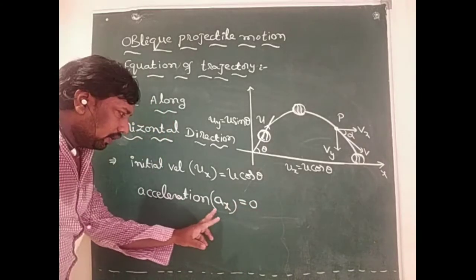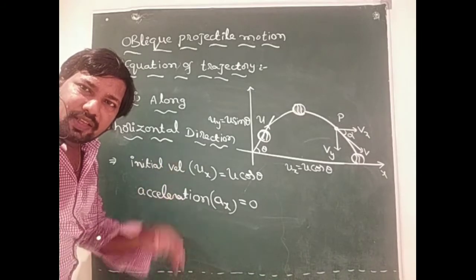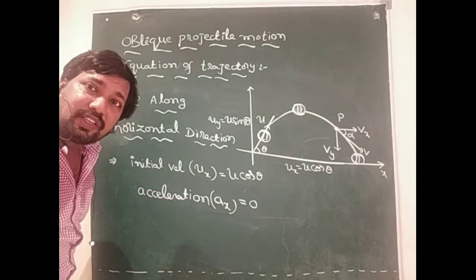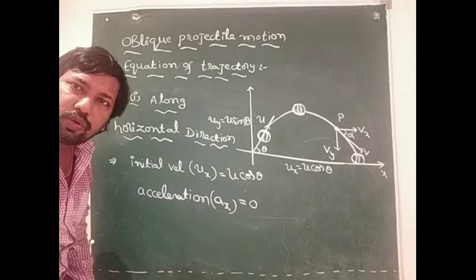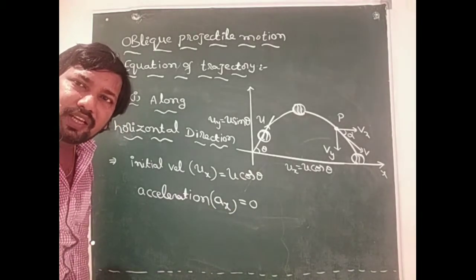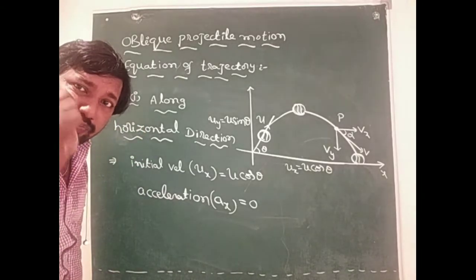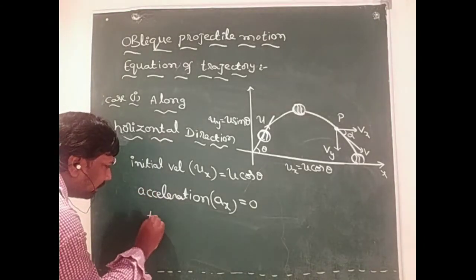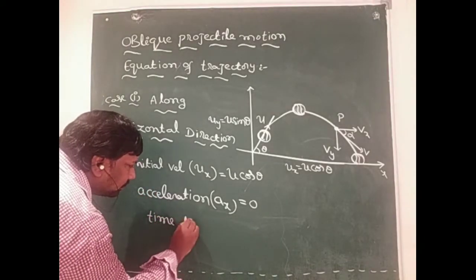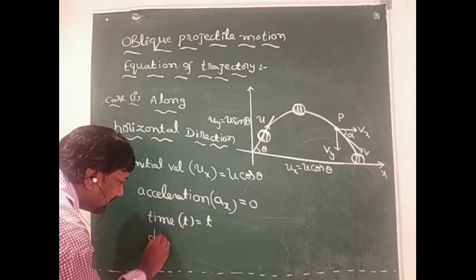Because along the horizontal direction there is no acceleration, as gravity does not affect it. So ax equals 0, and u cos theta remains constant at any point of the parabola.